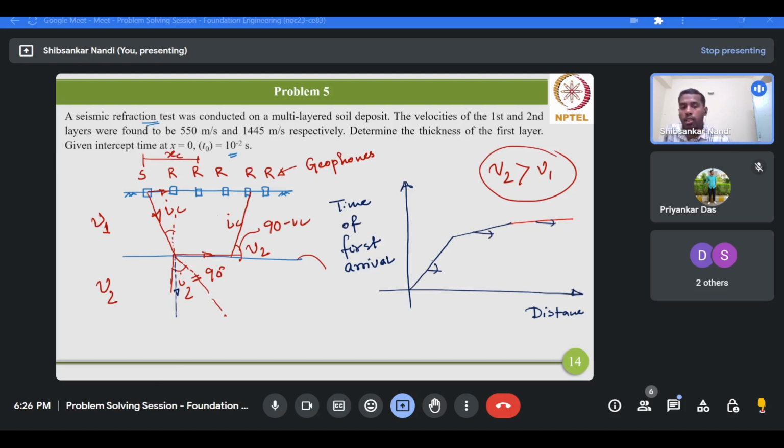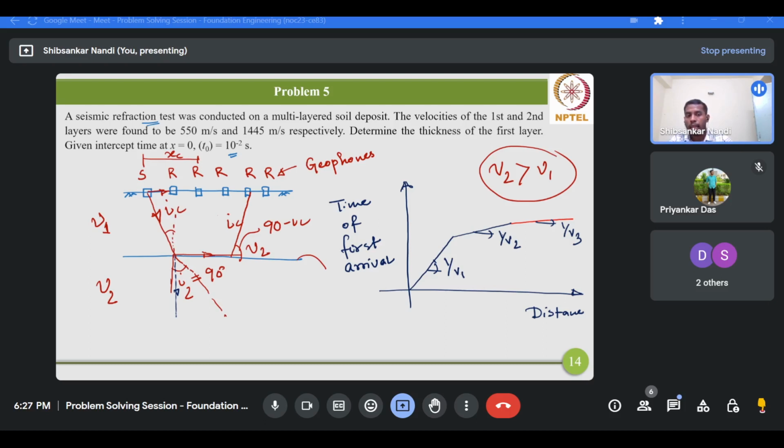Now, can you please identify the slopes? What is the physical significance of the slopes, the gradients of these lines? The significance of the gradients of these lines is that each is nothing but the reciprocal of the respective layer velocity. For the first one, it is the reciprocal of the velocity of the first layer.